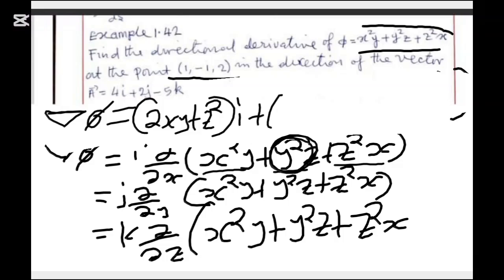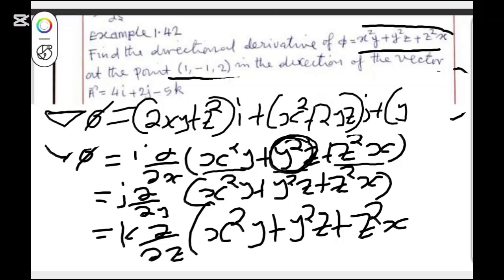And also the same thing for j, I will have x squared plus 2yz. Also for k, I will have y squared plus 2zx.